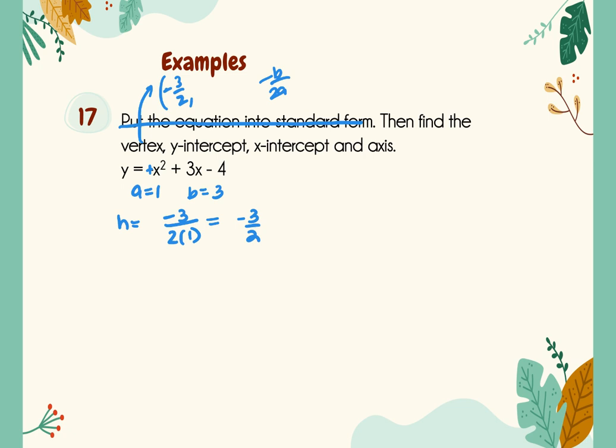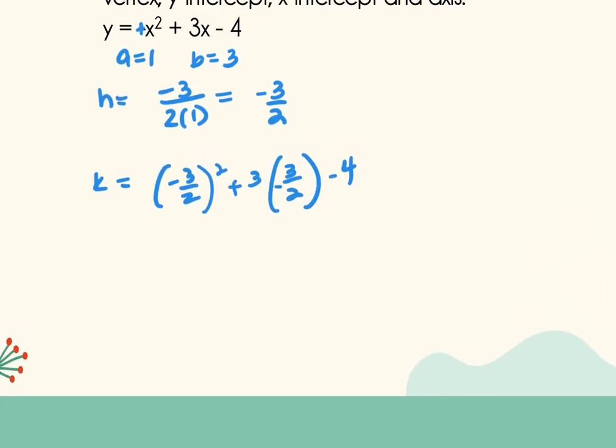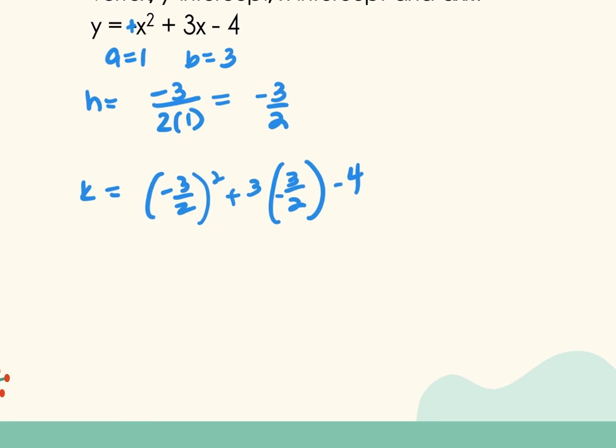To find the y coordinate of my vertex, I'm going to plug that back in. So I'm going to get negative 3 halves squared plus 3 times negative 3 halves, minus 4. I'm going to square the negative 3 halves, so I get 9 fourths.